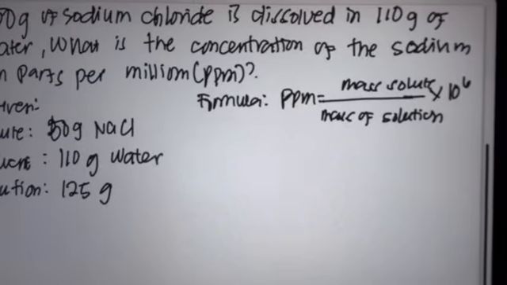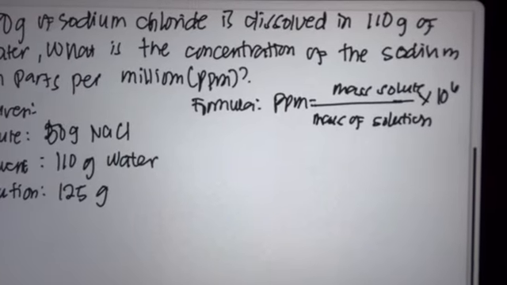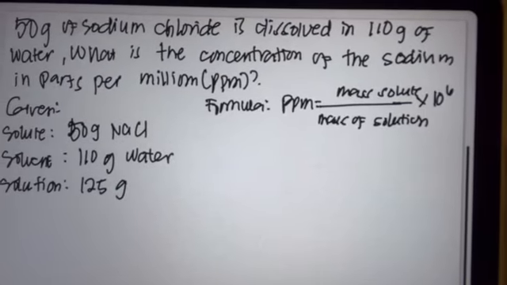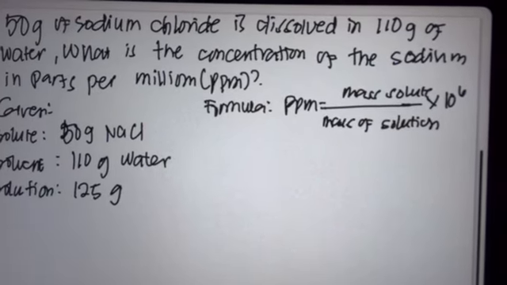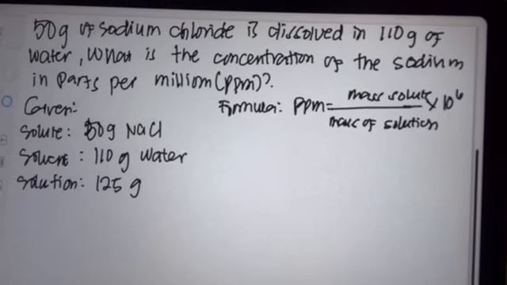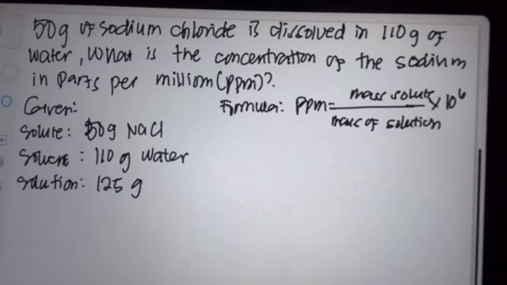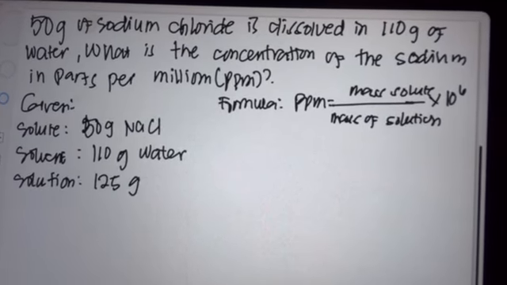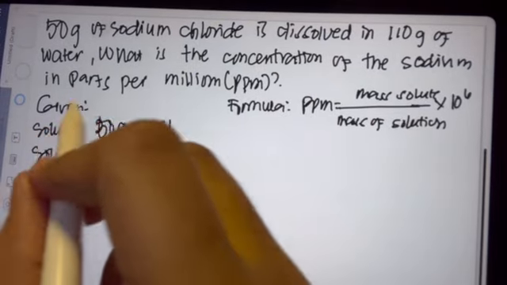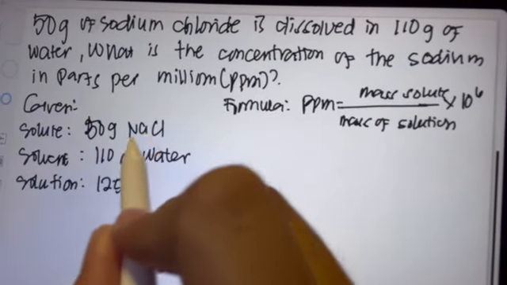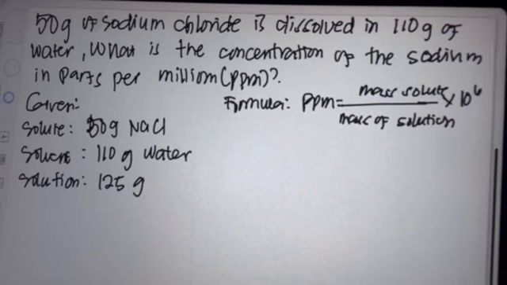So this is the last type of solution concentration, which is the parts per million. This is the given problem. 50 grams of sodium chloride is dissolved in 110 grams of water. What is the concentration of the sodium chloride in parts per million, or ppm? So the given solute is 50 grams of NaCl, or sodium chloride.